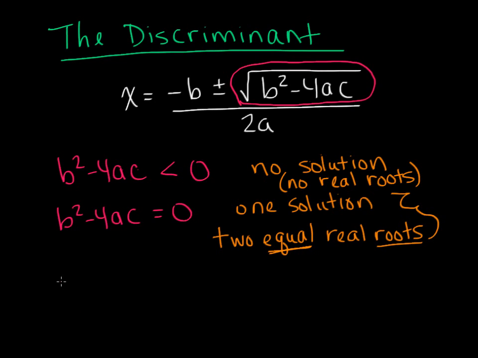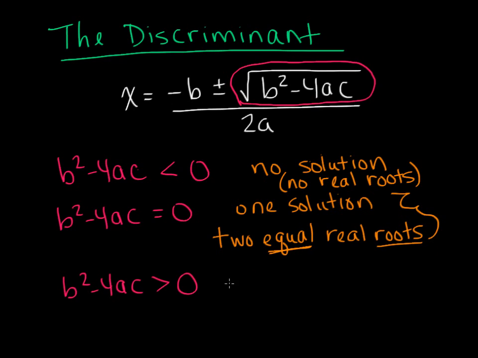Okay. Finally, we've covered if b squared minus 4ac is negative, if it's equal to 0, what happens if it's positive? B squared minus 4ac is greater than 0. Okay? So that means we're taking the square root of a positive value, which will give a positive value. So we'll have negative b plus that positive value and negative b minus that positive value.